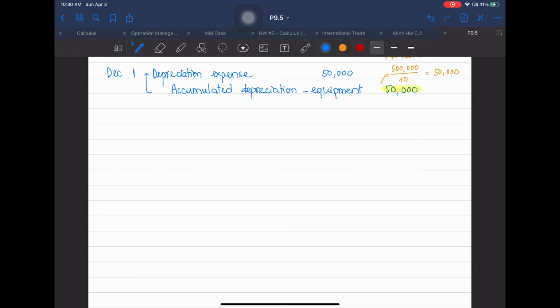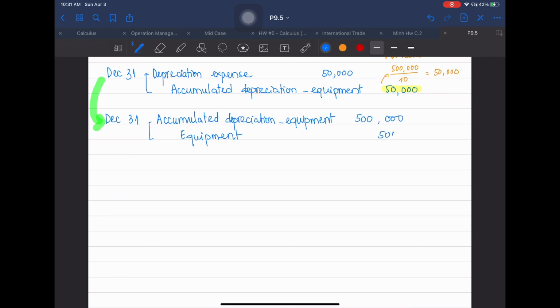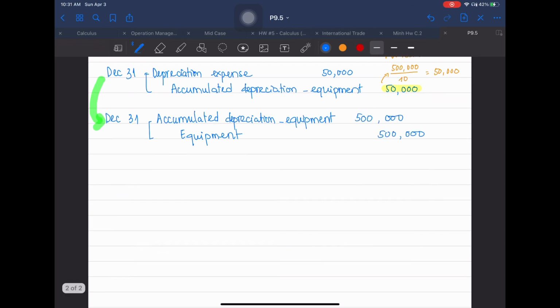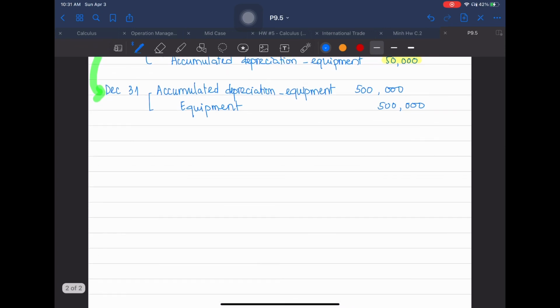Okay, and then the last one of this question is accumulated depreciation and equipment. Since this asset is already terminated and there is no residual value and no disposal for this equipment, we're going to reverse the accumulated depreciation equipment account and equipment too.